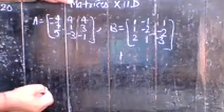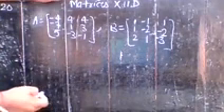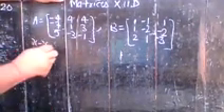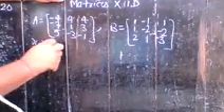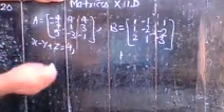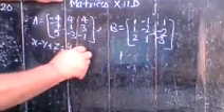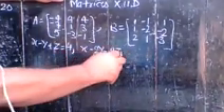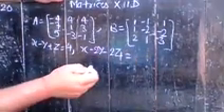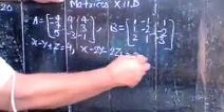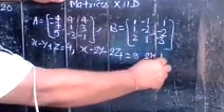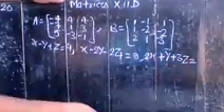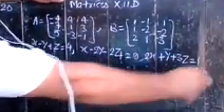to solve the system of equations x minus y plus z is equal to 4, x minus 2y minus 2z is equal to 9, and 2x plus y plus 3z is equal to 1.